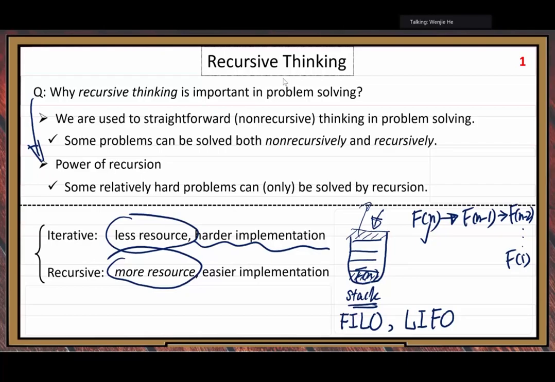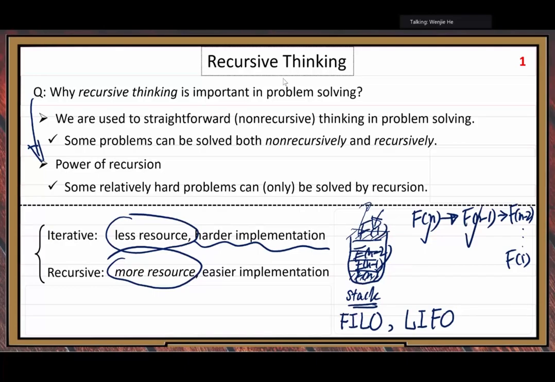Then you need the value of f of n minus 1, but if it's not available, you push f of n minus 1 into the stack, then f of n minus 2, and so on, all the way up. The last one you push in is f of 1.